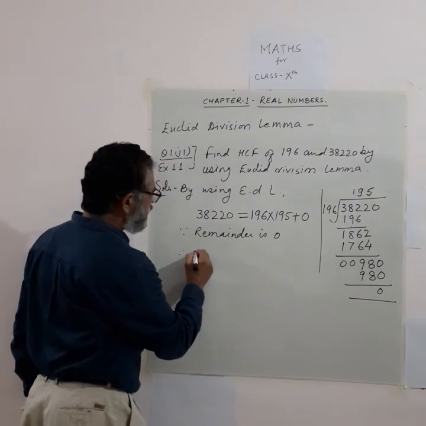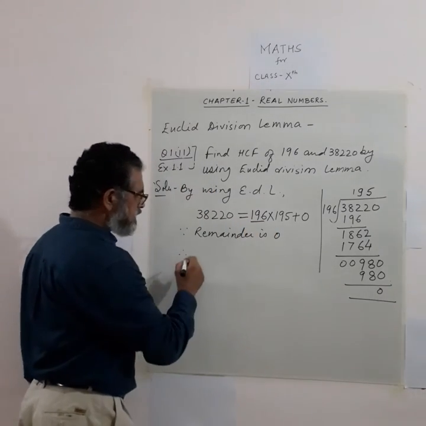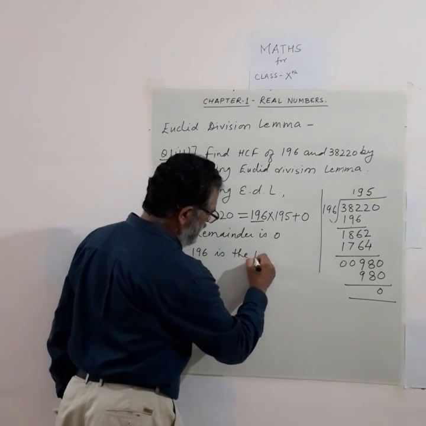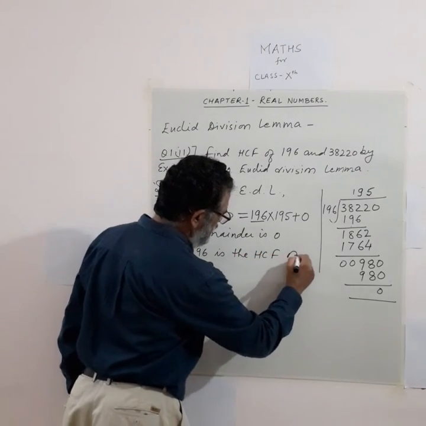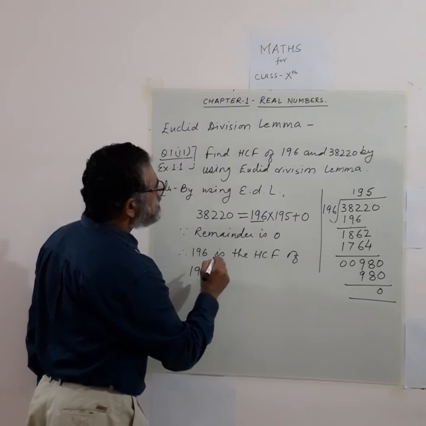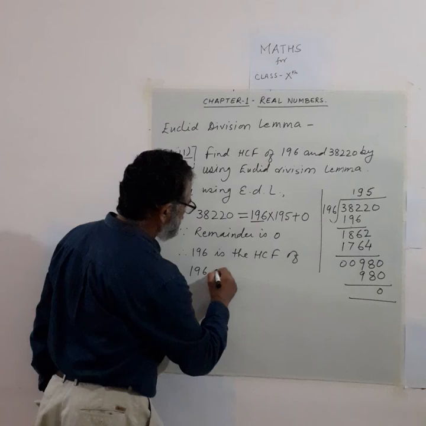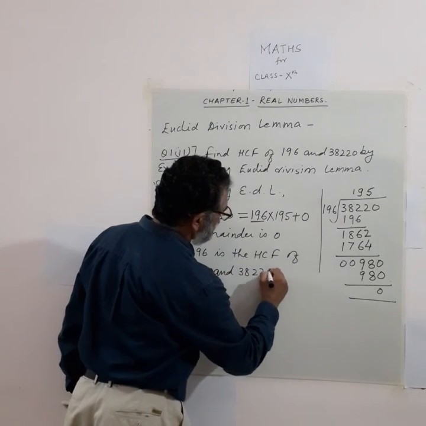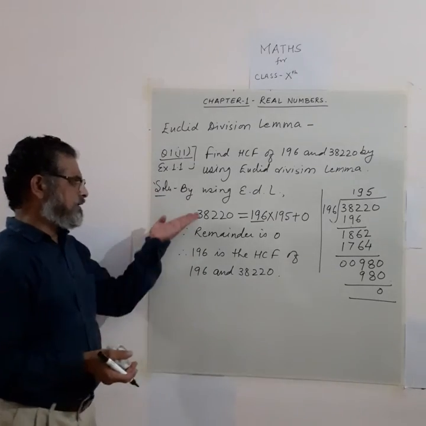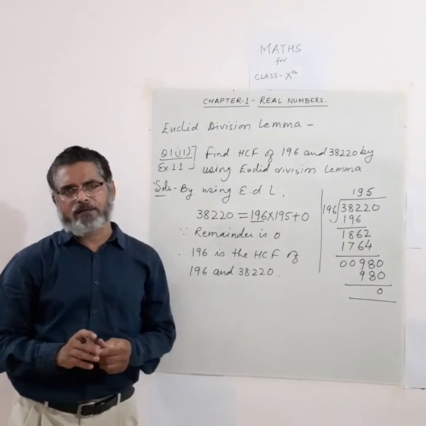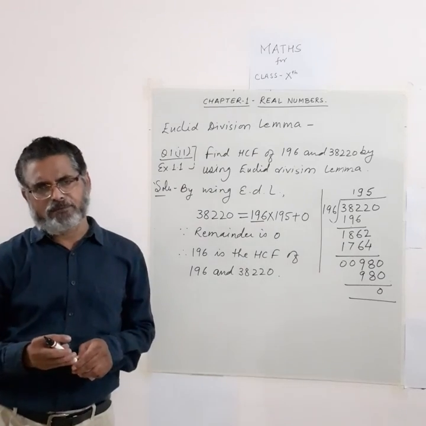Therefore the last divisor, that is 196, is the HCF of 196 and 38,220. I think all of you understand the procedure to find the HCF of two given numbers.